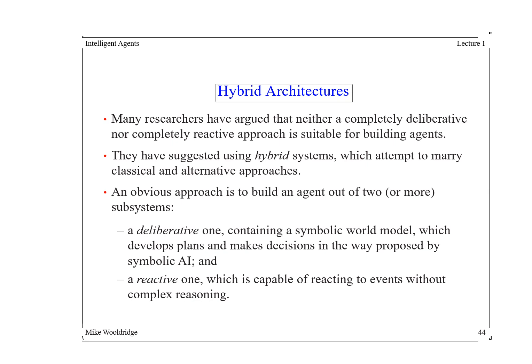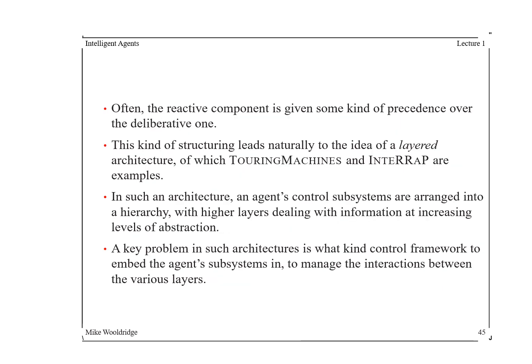An obvious approach is to build an agent out of two subsystems: a deliberative one, containing a symbolic world model which develops plans and makes decisions, and a reactive one, which is capable of reacting to events without complex reasoning. The reactive component is given some kind of precedence over the deliberative one.